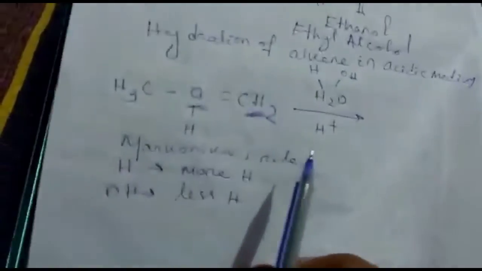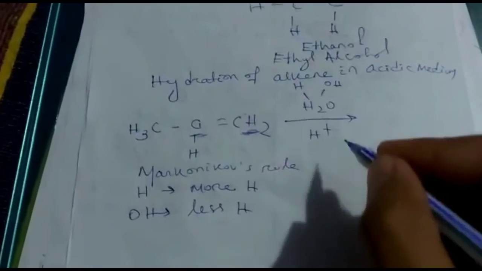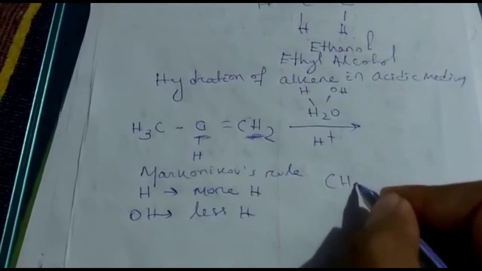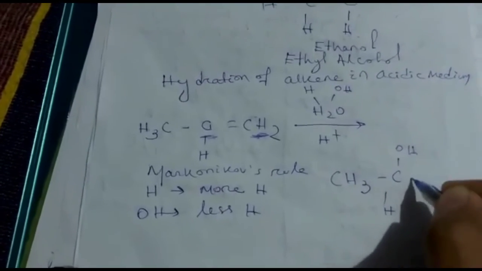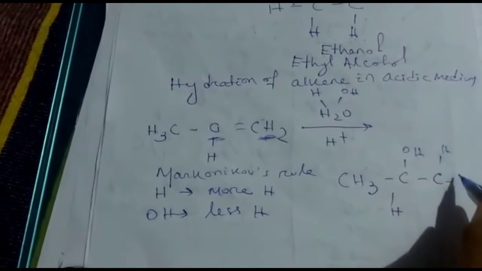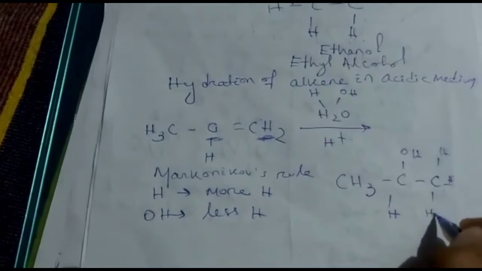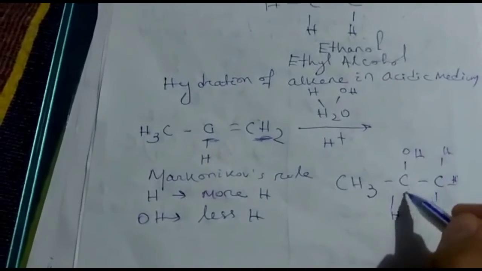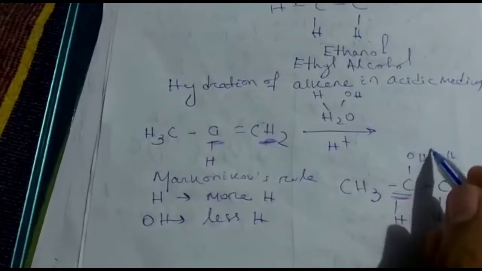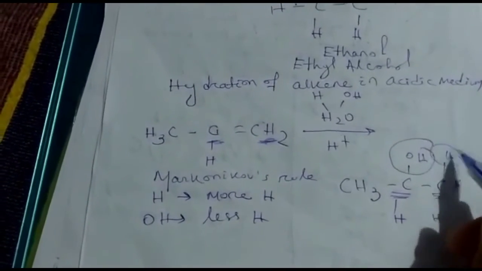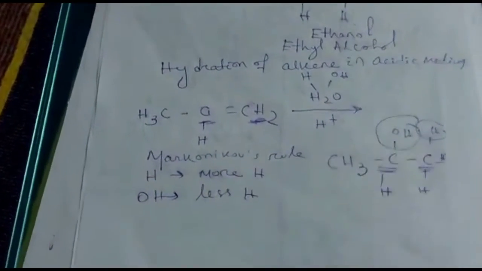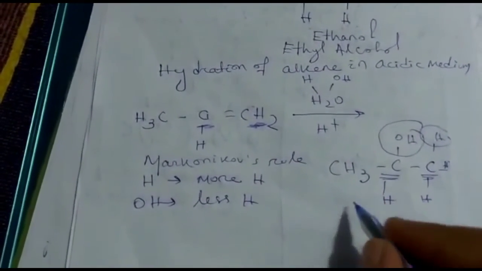Now what will be the product? You can see the product, that is CH3, C with OH and H, CH, here also hydrogen, here also hydrogen. This is the product. On the carbon with fewer hydrogens, the OH will attach. On the carbon with more hydrogens, the hydrogen will attach. What is the IUPAC name of this product?